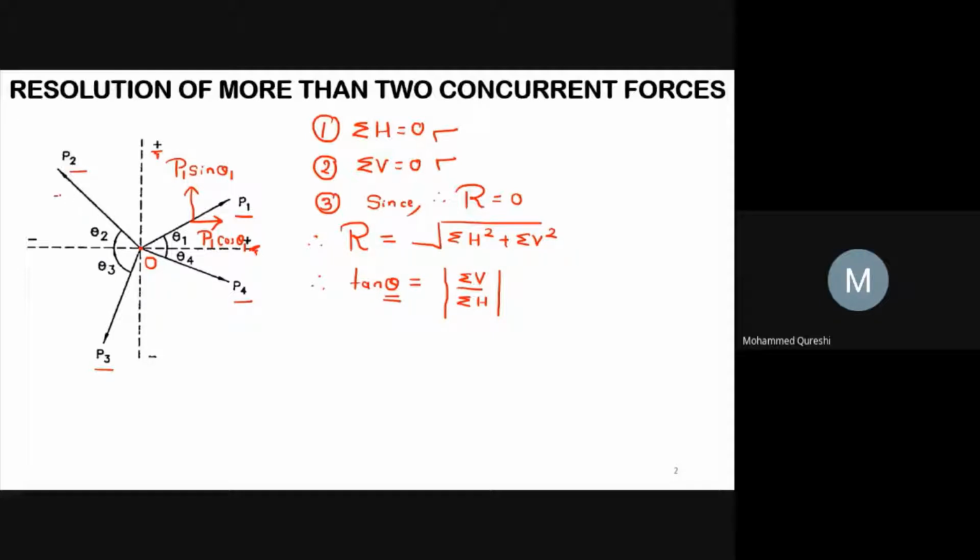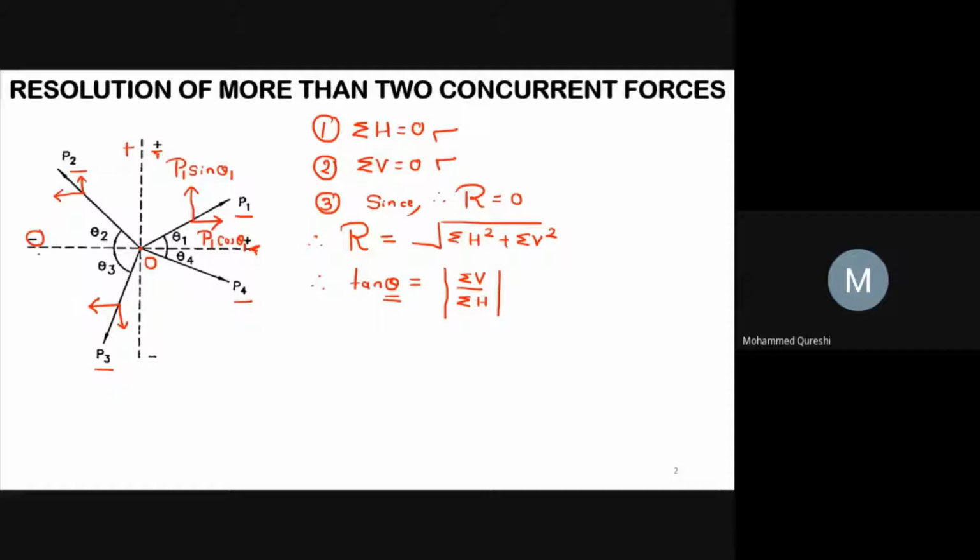Similarly, we may have two components for the P2 force. So here the horizontal component will be negative, and here the vertical component will be positive. Similarly, here also this will be your horizontal component and this will be your vertical component.